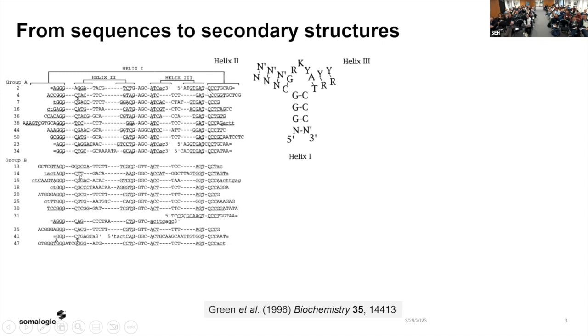But then as you go one position outside toward the periphery of helix 3, you see it's generally a TA base pair, but in some cases, it's actually a stitching. So it's a pyrimidine-purine sort of a base pair.